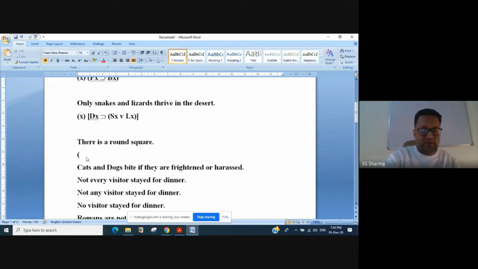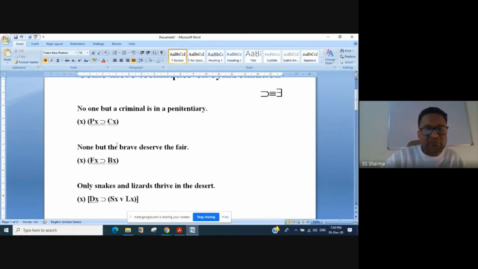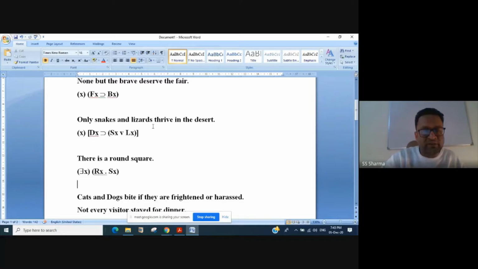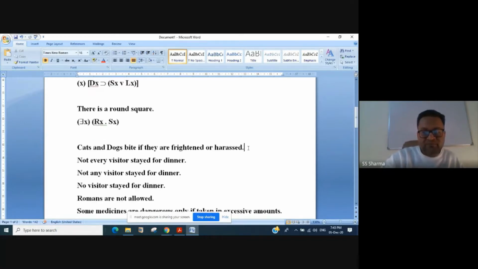So we will put it like: there exists x such that x is round and x is a square. This is going to be the symbolization of this question. So you understand that we need to understand these techniques which are used over here.